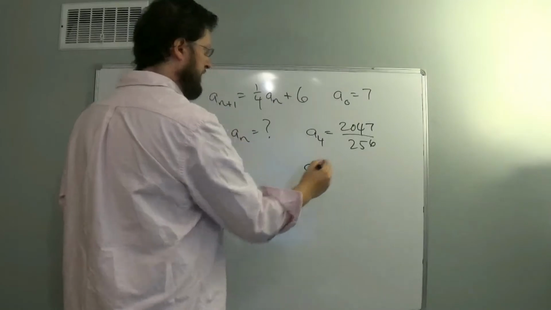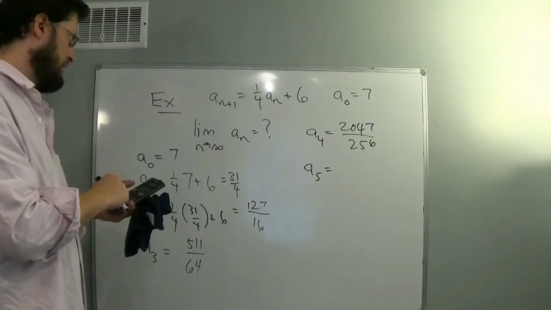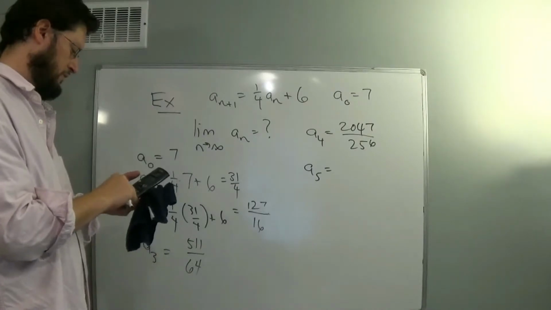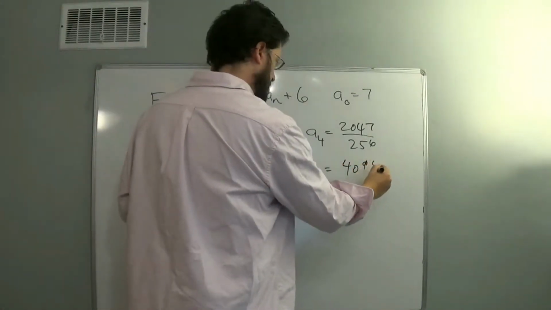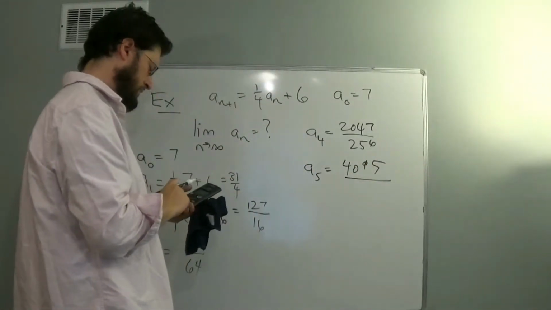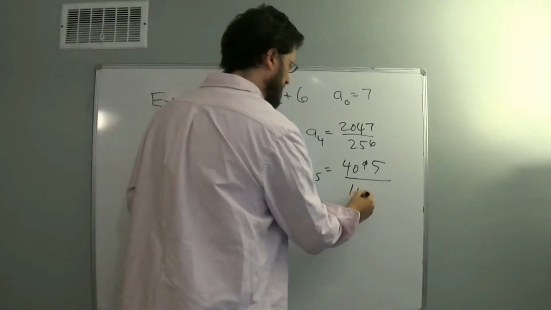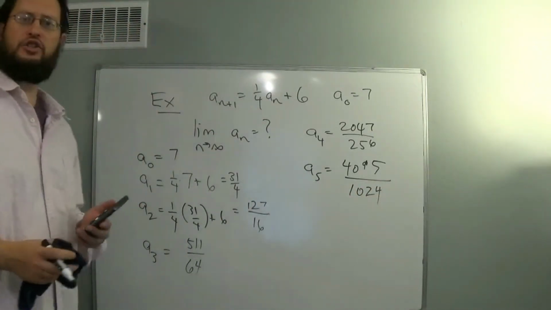And A5 is 4095 divided by 1024. And we're going to start looking for a pattern at this point.